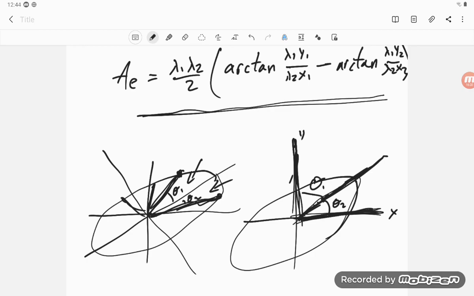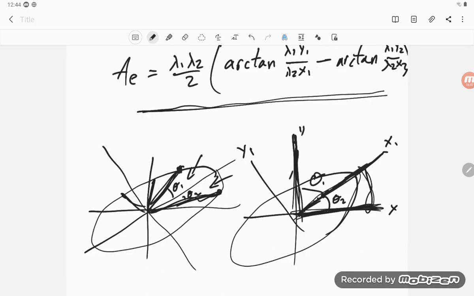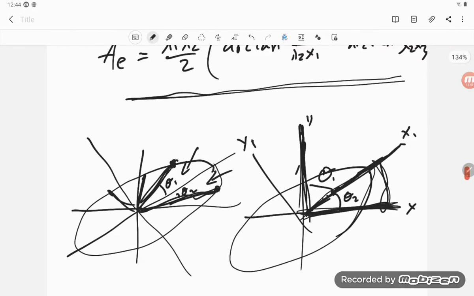And so that's the question. Can I find that line? Can I figure out the correct theta between, if I call this the x1 axis again and this the y1 axis, can I find that theta for the difference in those two axis systems? So that's the motivation.